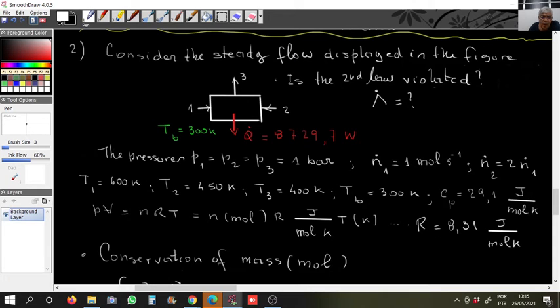Now the pressure is the same, P1, P2, and P3 are 1 bar. Now in this case we have a molar flow rate.